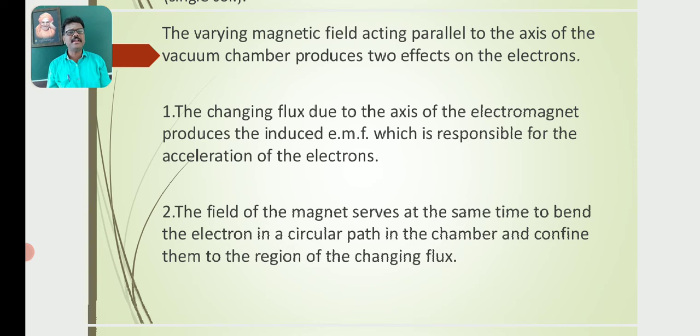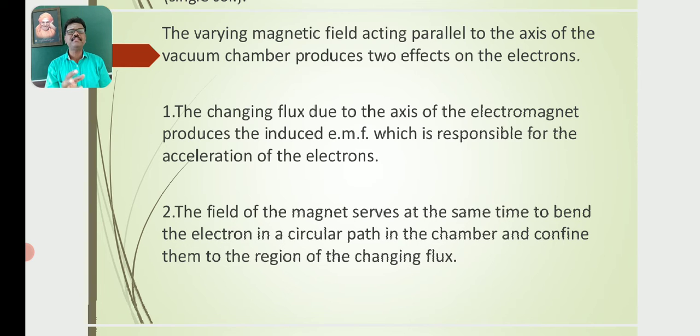The varying magnetic field acting parallel to the axis of the vacuum chamber produces two effects on the electrons. First, the changing flux due to the axis of the electromagnet produces the induced EMF, which is responsible for the acceleration of the electrons.